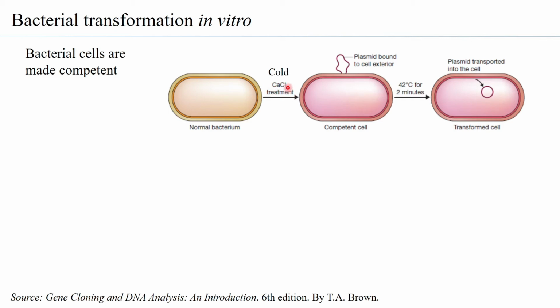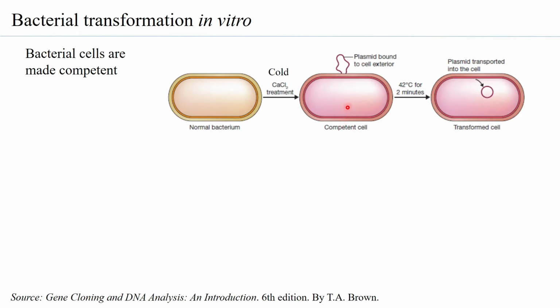But the hypothesis is that because it has a positive charge and it can bind to the negatively charged cell wall of the competent bacterial cell, it acts as a bridge between the negatively charged vector DNA and the wall of the bacteria.